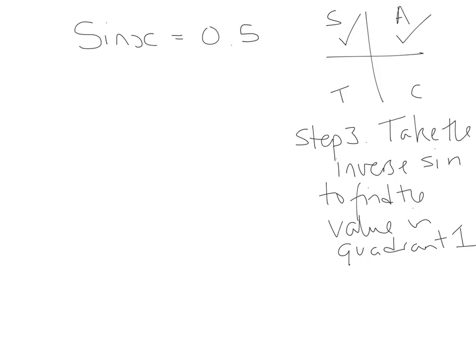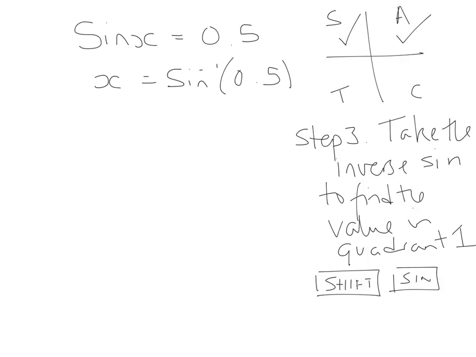Inverse sine is a button on the calculator. We did talk about this in a previous video. So you would be doing x equal to sine to the minus 1, that's what inverse sine looks like, of 0.5. And on the calculator, you would be pressing shift and then your sine button. When we do that, we get 30. So that's 30 degrees, and that is the angle in the first quadrant.